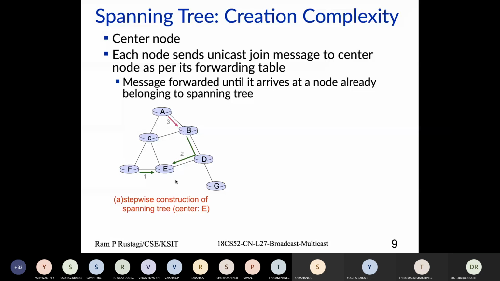A node forwards the message only if it is not part of the spanning tree, and if a node receives a joining message and is already part of the spanning tree, the edge just becomes part of the spanning tree, and it does not forward. Same way C sends a message to E, and same way G sends a message to D.